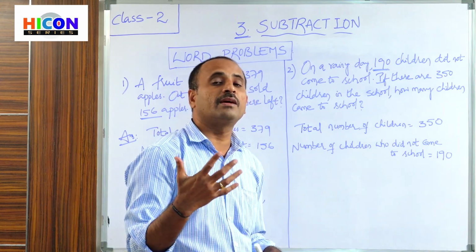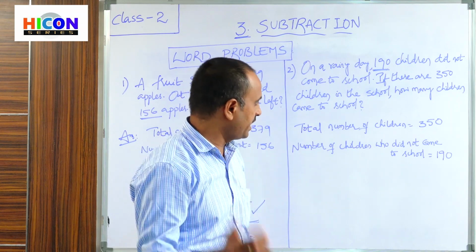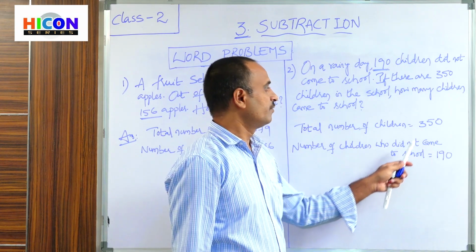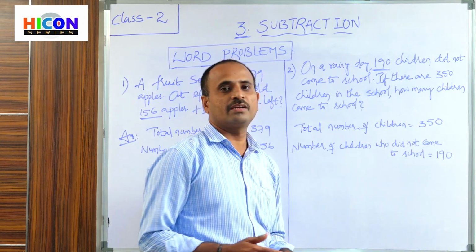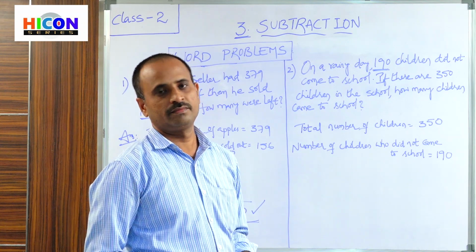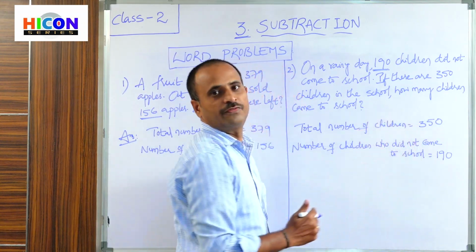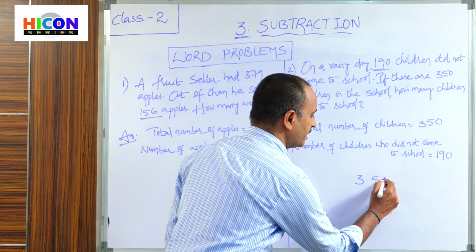So how can we obtain the number of children who came to school? So simply, if we subtract the number of children who did not come to school from the total number of children, then we will get the number of children who came to school. So subtract 190 from 350. So write 350 first. So write the greater number first.